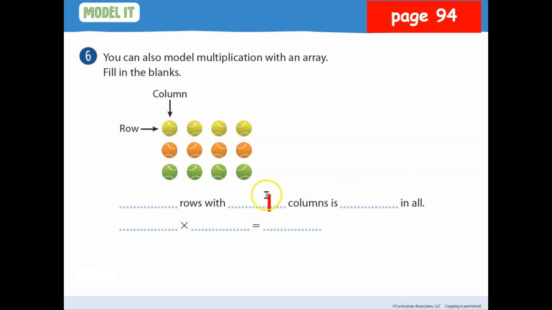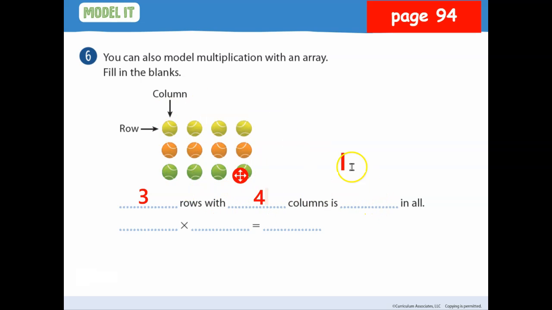In this model, how many rows do we have across like this? Wyatt? 3. See, I have 1, 2, 3. 3 rows. How many columns do I have going down? 1, 2, 3, 4. So 3 rows with 4 columns is how many total?